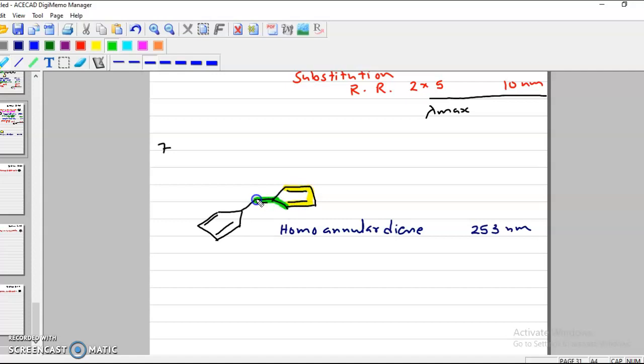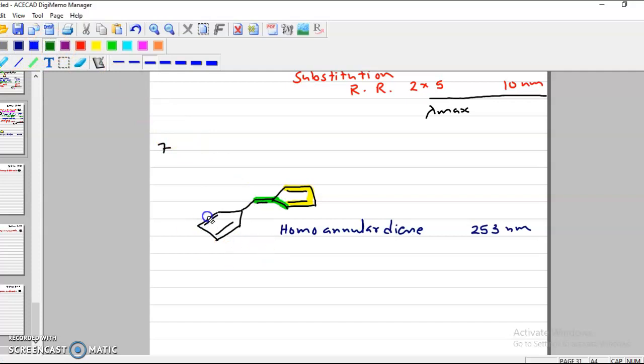Now, shall we extend this one up to this? No. Why? Because there are more than one single bonds between two double bonds. So this extension is only up to this one, and there is only one extra conjugated double bond.